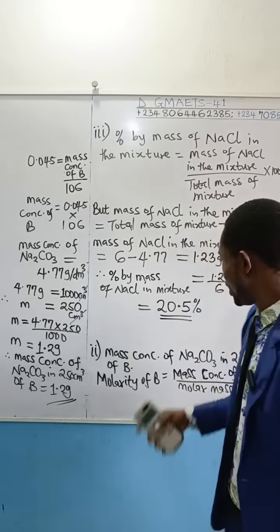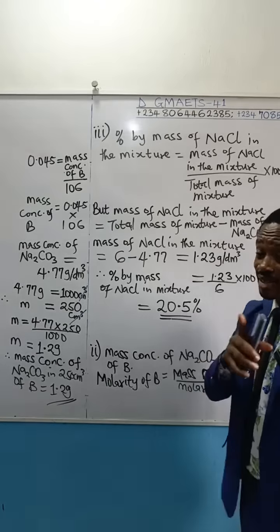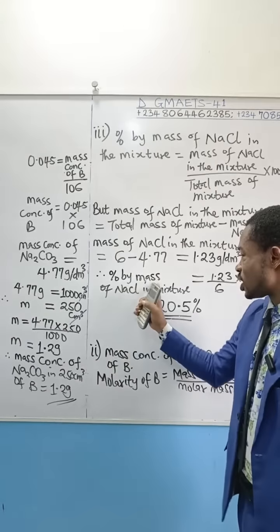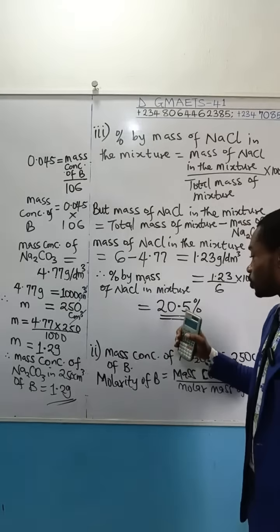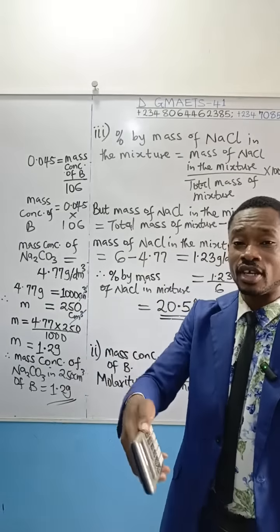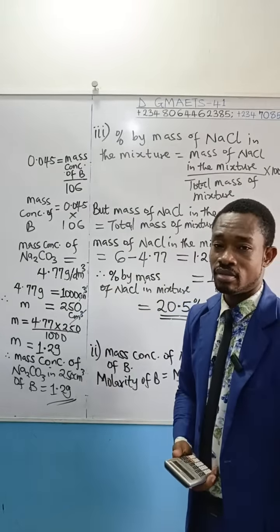Like I said, I have just done 100 minus percentage impurity, because 20.5 is the percentage impurity, which is the same as percentage by mass of sodium chloride in that mixture. I've subtracted this from 100 and got 79.5%. That 79.5% is the percentage purity.